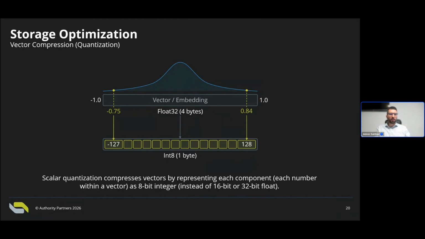So we have 8 bits instead of 32 bits, or 1 byte instead of 4 bytes per dimension, which is about a 75% reduction in size. Binary quantization is similar, but it compresses embeddings by representing each component as a single bit, either 0 or 1, which is even more drastic, right? And it goes up to a 96% reduction in the vector index size.